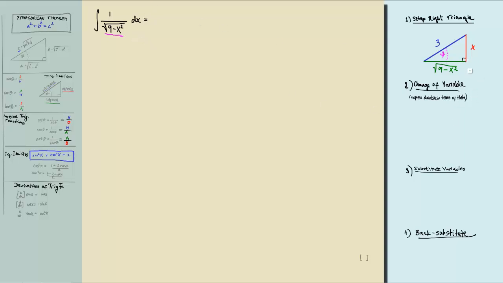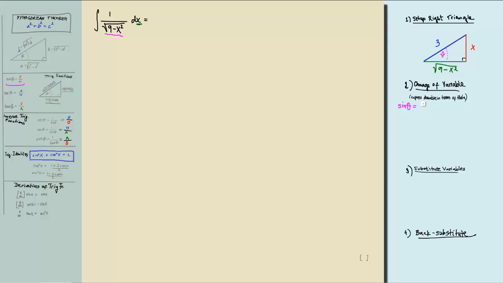Next thing that we would like to do is to express our variable x in terms of the angle theta. So by using the definitions of trigonometric functions, I will choose sine. Sine theta is defined as the ratio of the opposite side and hypotenuse.